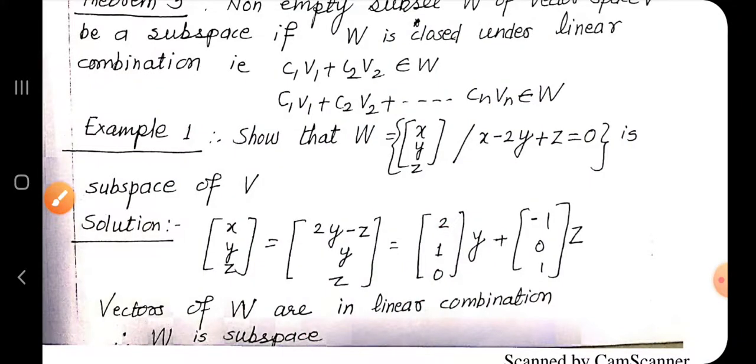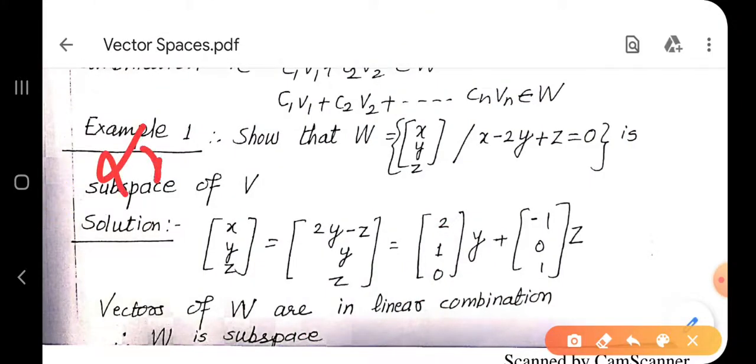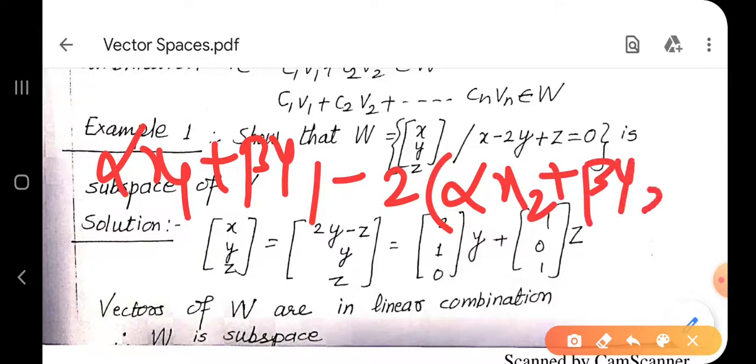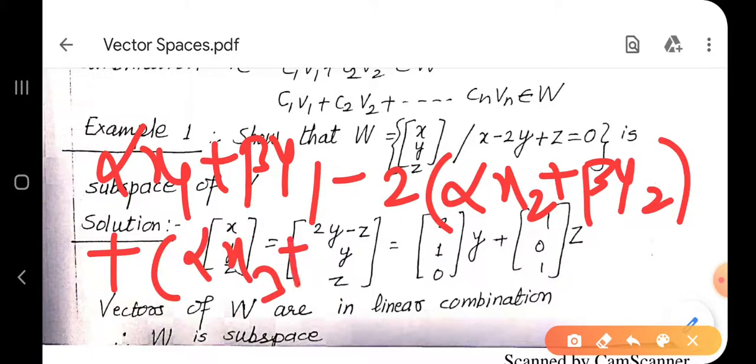So take that. Alpha x1 plus beta x2, correct, minus 2 into the second value alpha y1 plus beta y2, correct, and the third value plus alpha z1 plus beta z2 is equal to, just separate it out, and from the first bracket take alpha common, from the second bracket take beta common.